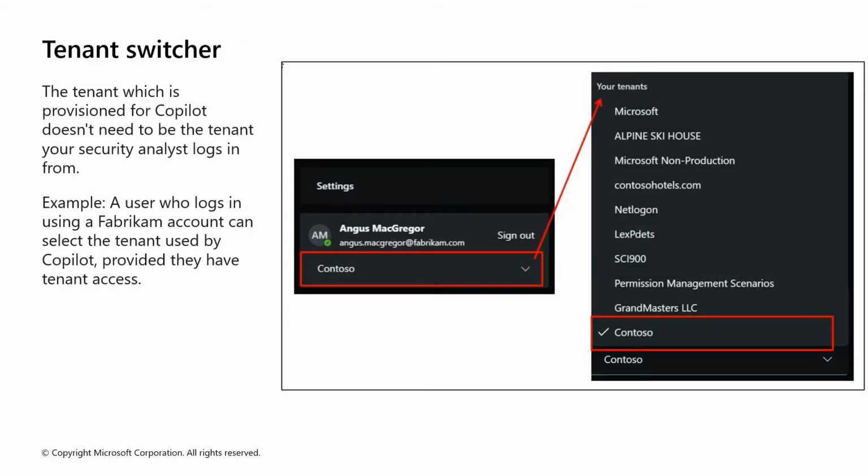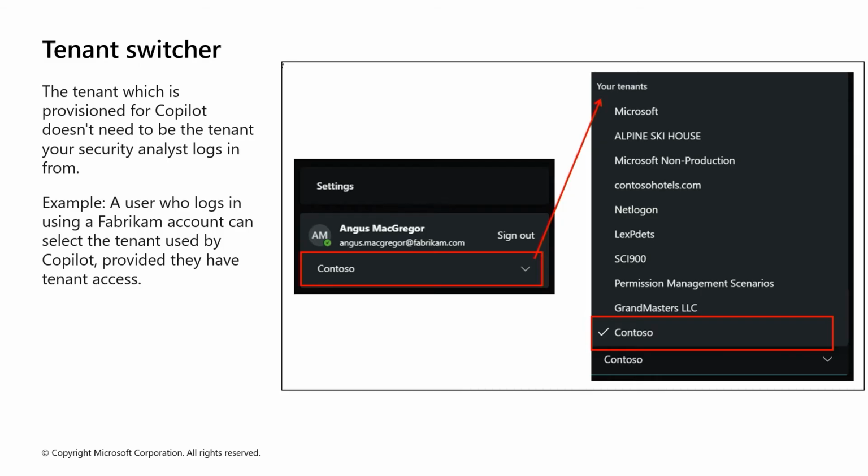The Tenant Switcher in the standalone experience of Microsoft Security Copilot is a really handy feature, especially if you're managing multiple environments. It lets you quickly move between different tenants without having to log out and log back in each time. You'll find it right in the interface, usually in the top corner, and switching is as simple as selecting the tenant you want to work in.